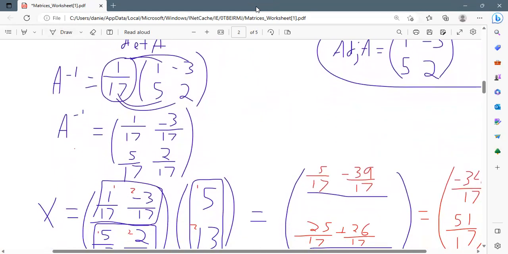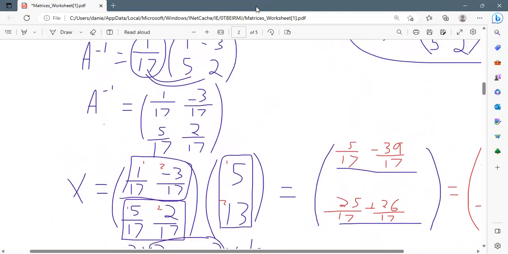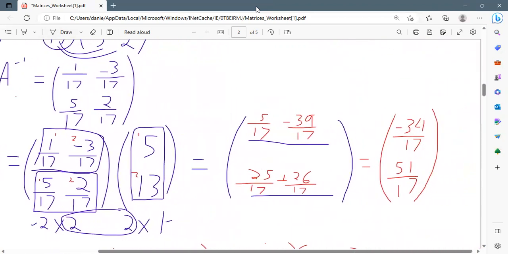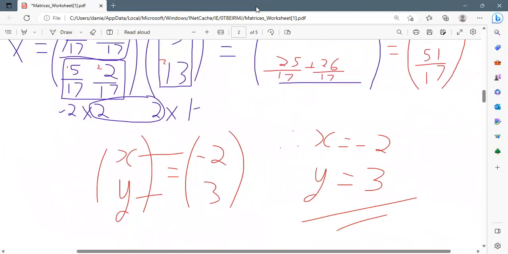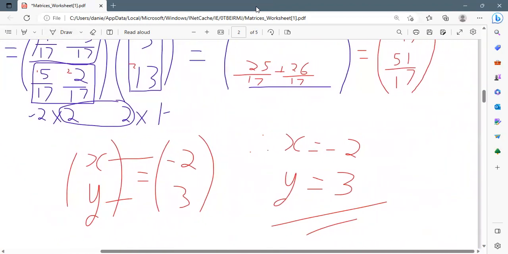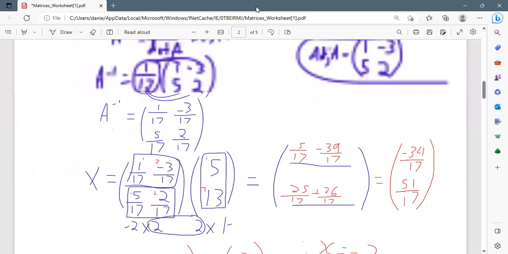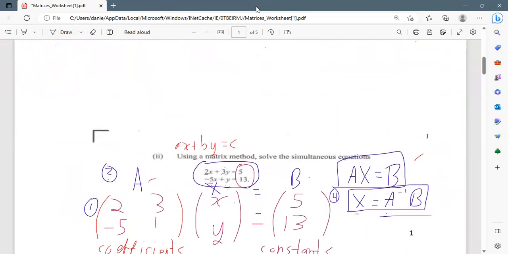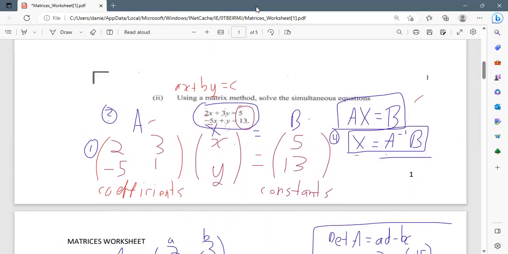Once you get the inverse, you go back up and multiply A inverse by B to get X. Then remember, X was XY, so you already solved it and you just equate, and you will get X and Y. So that's a past paper question, how to do simultaneous equations using the matrix method. So good talk, be safe.